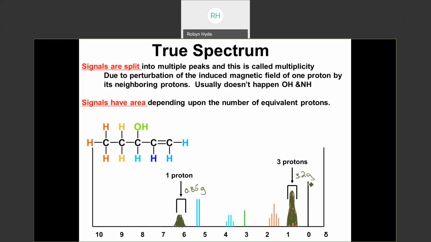So when we do our instrumental work, we will also get raw values. Okay, these raw values are not very helpful. And so then we do what is called integrating, and that really is creating a ratio. So what is kind of roughly the ratio of the area of those two? It is about 3 to 1, and that's integration. That's all that integration means.